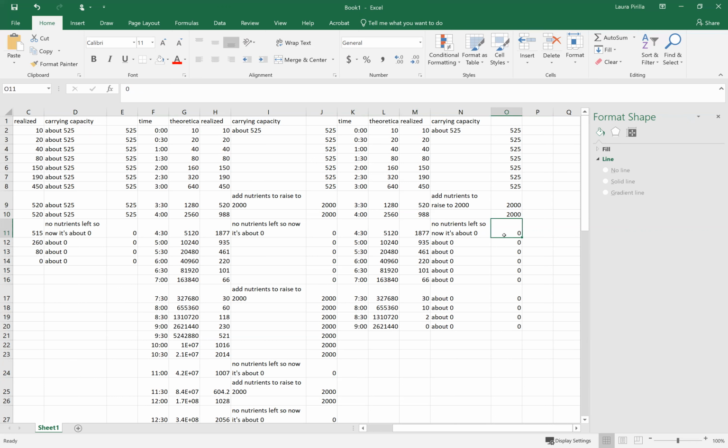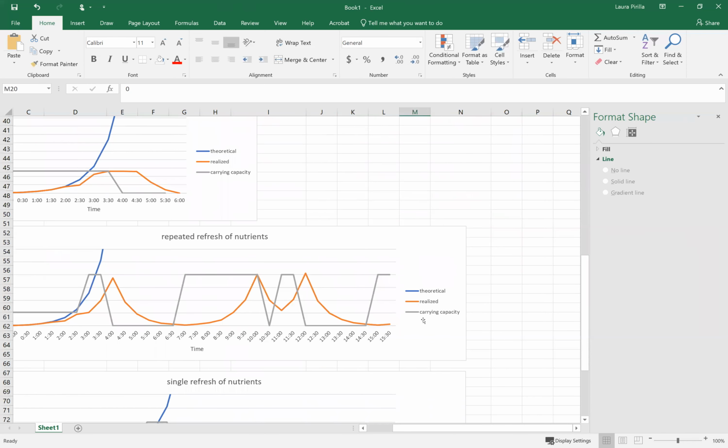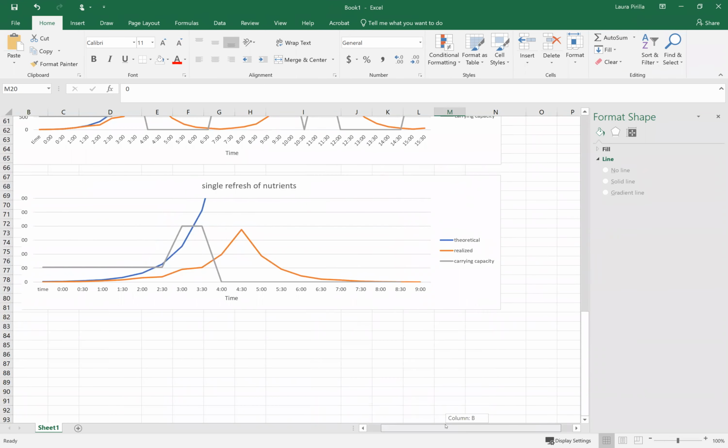We've reached our carrying capacity. So now there's no more nutrition left and we're not going to refresh it again. So it goes to zero and stays there. And then below here, you see the population crash until it gets to zero. So let's have a look at the graph to see what that would look like.